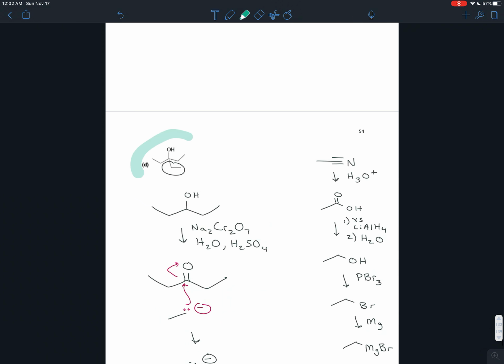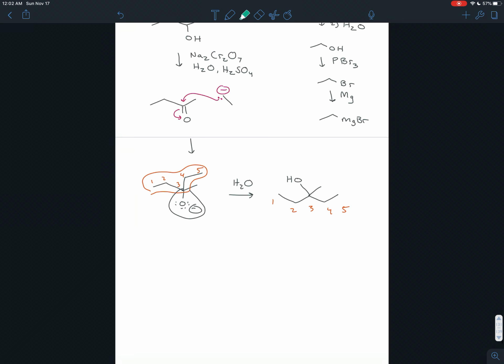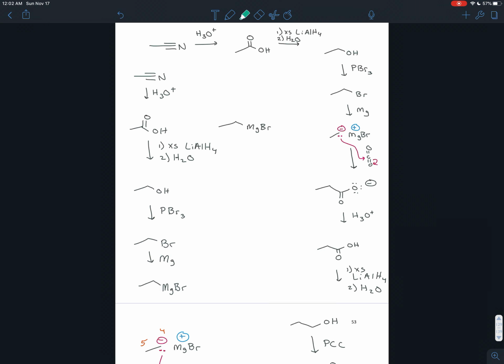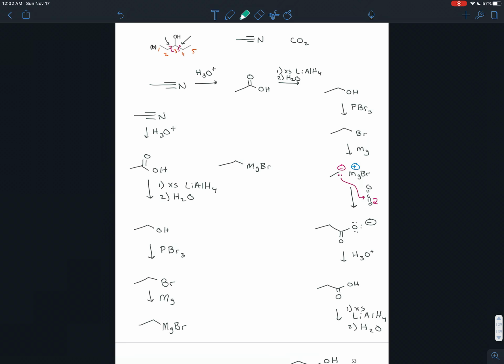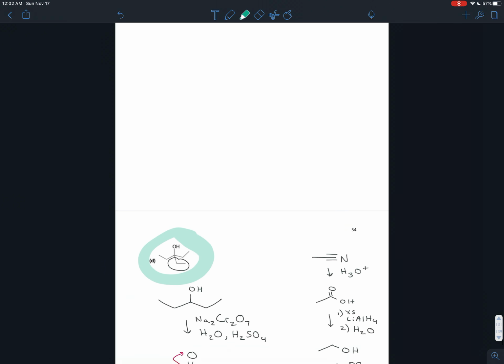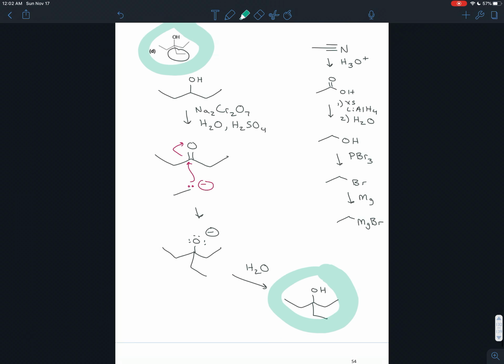So you'll notice that's our product here. So once you have the molecule that we made in B, and that was something of a long process, but once you have that molecule, you can make another equivalent of the Grignard, oxidize this, and have the Grignard react with the carbonyl carbon in the oxidized ketone.